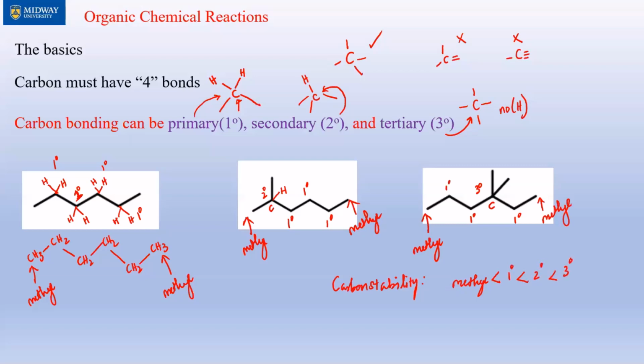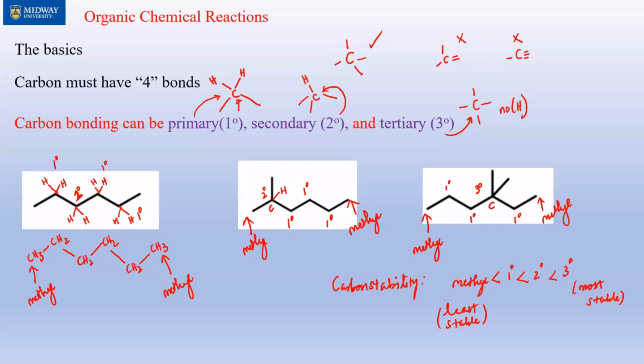Why is that the case? We're going to learn it as we move further. For now, let's just understand that the tertiary is the most stable carbon and the methyl is the least stable. For now, I think this idea of least to most stable fits this occasion.